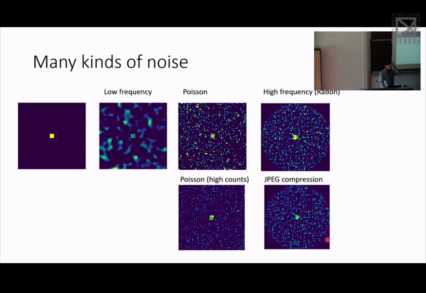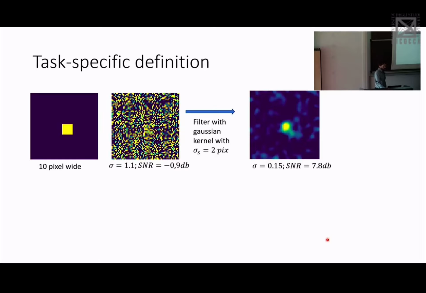So it's something interesting. There is also a task, I was mentioning before that we have a task-specific definition of noise. Here we have a 10 pixel wide square. We have a very huge level of noise. The standard deviation is slightly bigger than the signal itself.